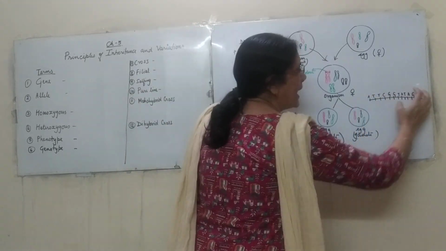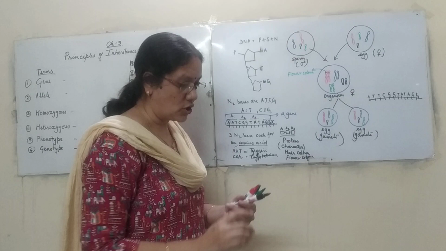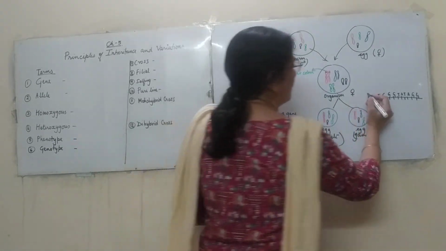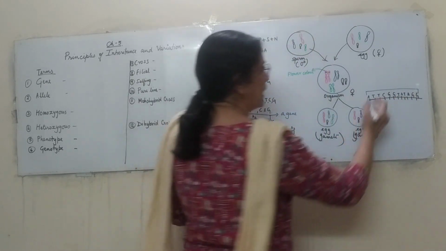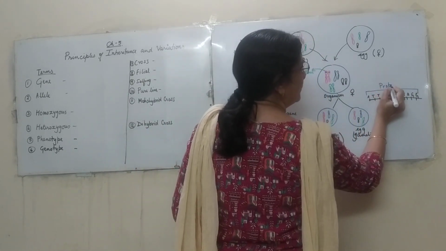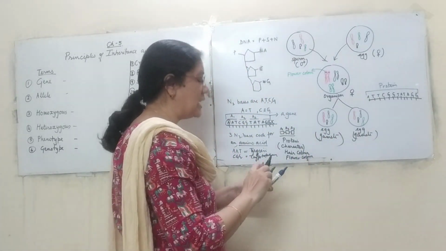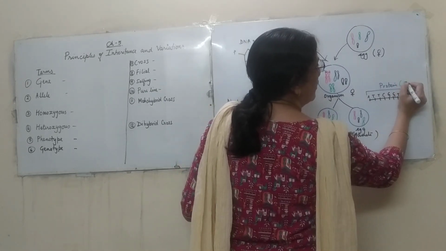So the entire thing is nearly the same. There is only one change, but still from here till here, it is still coding for a protein. It is a different protein, no doubt, but that protein is again responsible for the flower color.